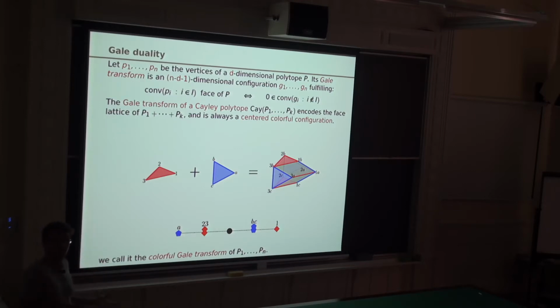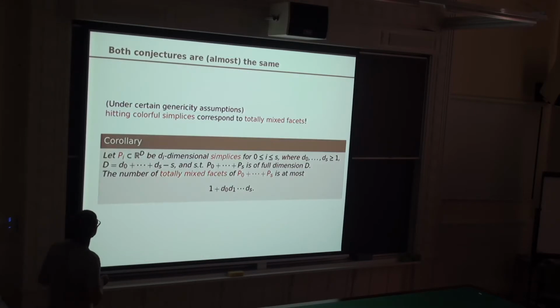And this is just a dictionary, but sometimes dictionaries are useful. And in our case, there are some genericity assumptions, but essentially being a colorful hitting simplex is the same as being a totally mixed facet. Hence, our theorem on colorful point configurations and the upper bound for the number of hitting colorful simplices is also an upper bound for the number of totally mixed facets of Minkowski sums of simplices.